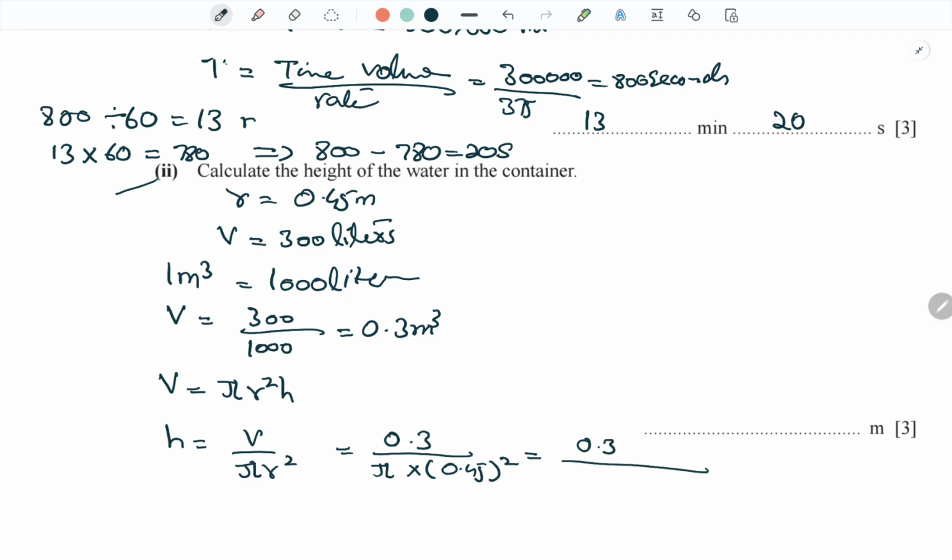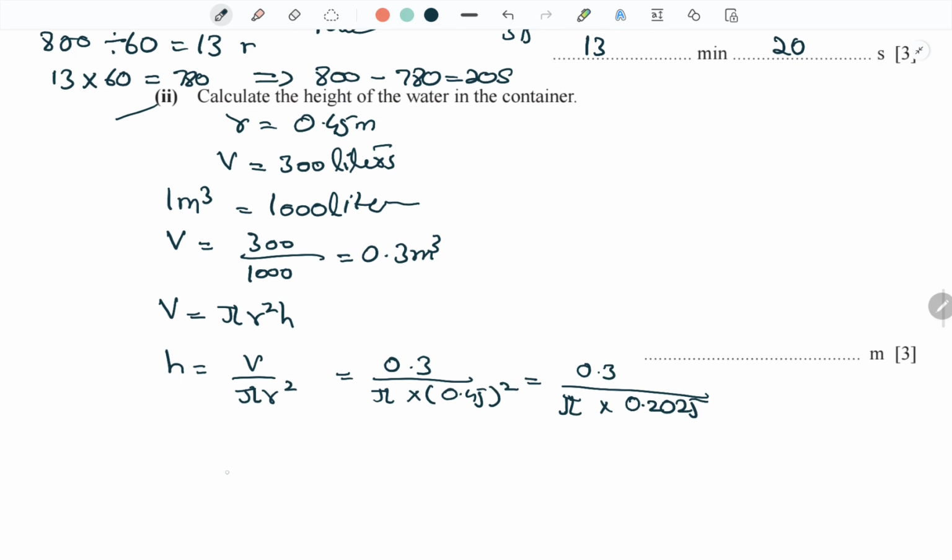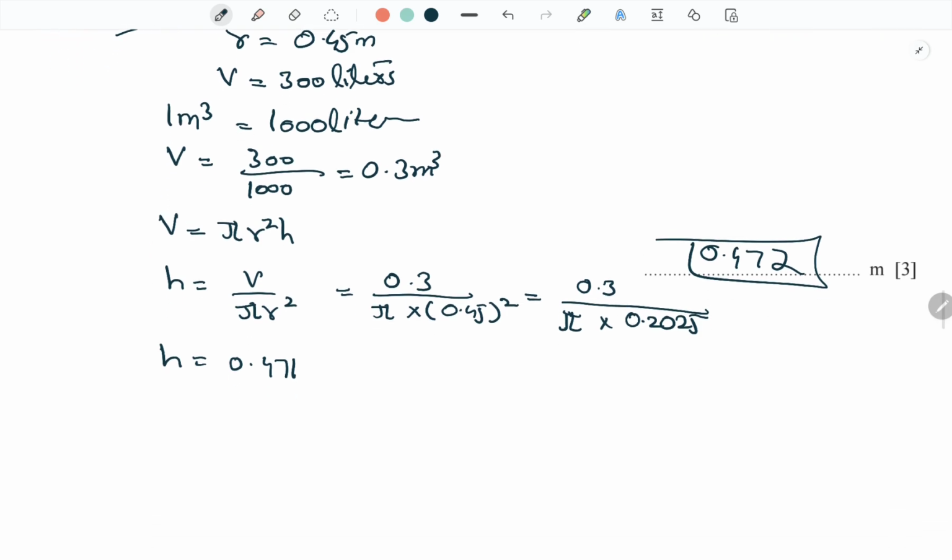First we calculate 0.45 squared, which is 0.2025. Now we multiply it with pi and divide, so at the end we get 0.471, or rounding off, 0.472. This is the final answer.